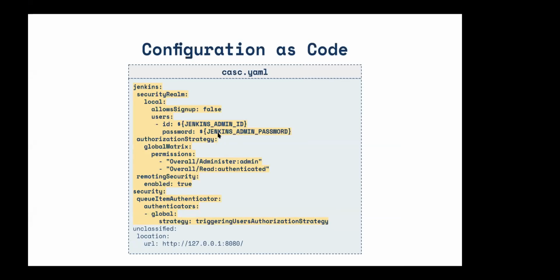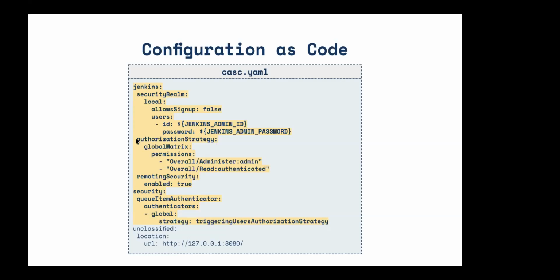And we don't want to hard code the username and password directly. So here I'm putting a variable name inside these curly brackets, and I can replace that later when I'm running the container.